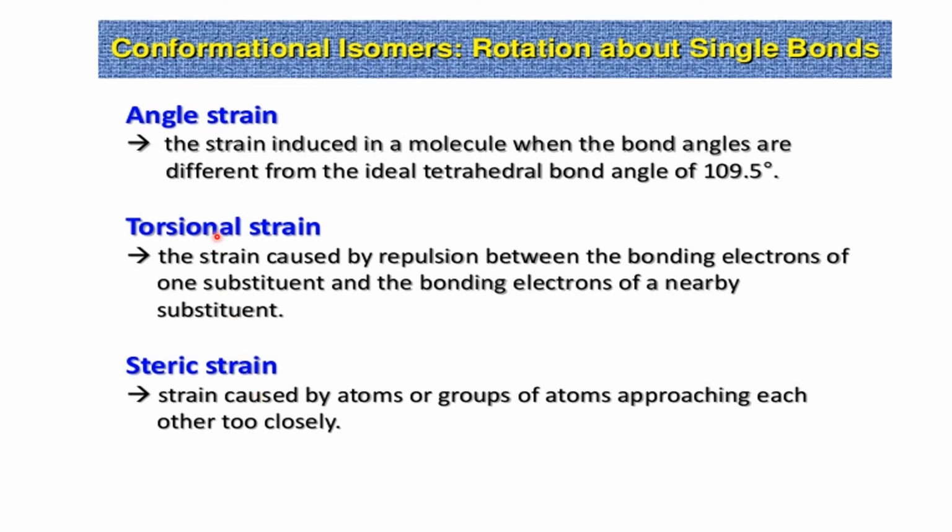The torsional strain and steric strain are minimum in the case of Stargate conformation and maximum in the case of eclipsed conformation. That is why Stargate conformation is highly stable compared to eclipsed conformation.